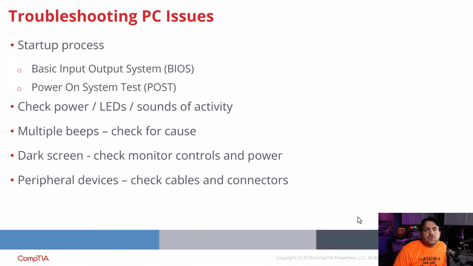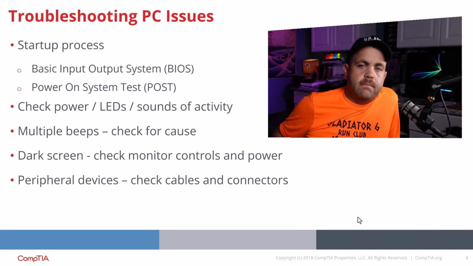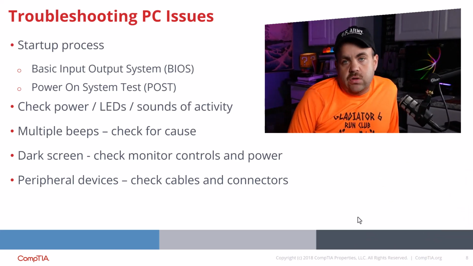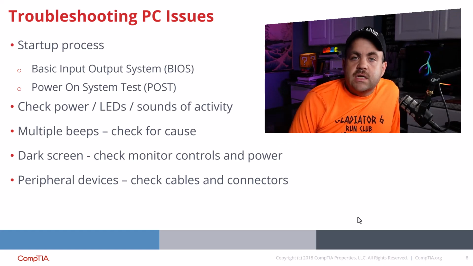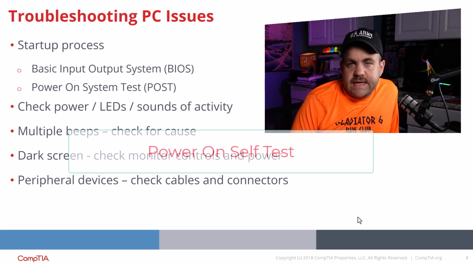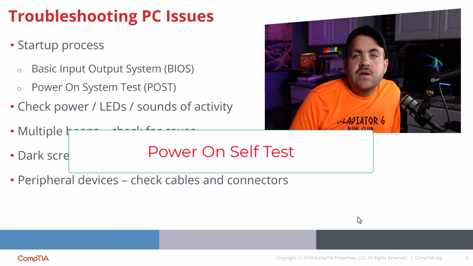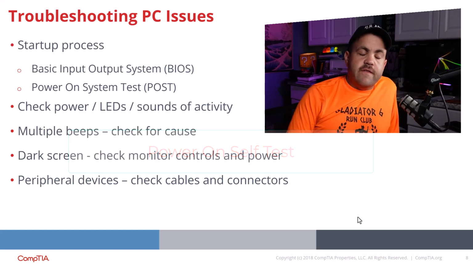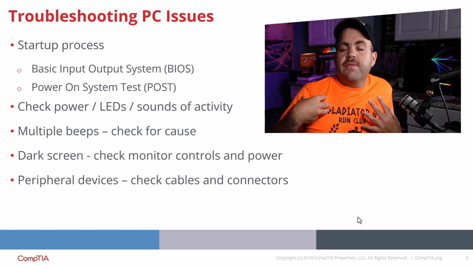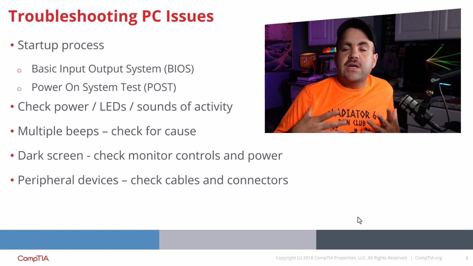So when it comes to troubleshooting PC issues, let's talk a little bit about the phases a computer goes through when it's first booting up, okay? The first thing it's going to do when you hit that power button is POST, or power-on self-test. In my previous videos, I talked about this, where it's like you getting up in the morning, you start from your toes, you work all the way up through your body, checking on things, making sure your muscles are working.